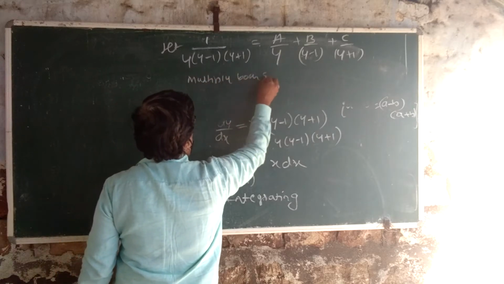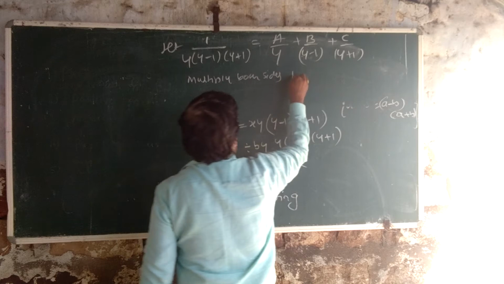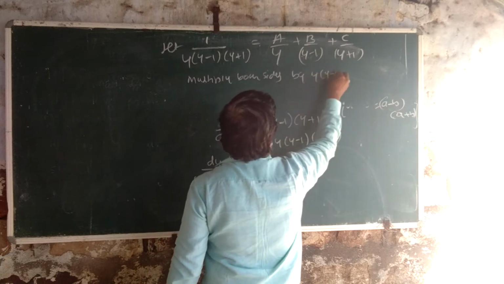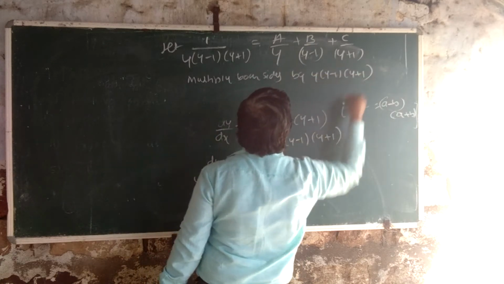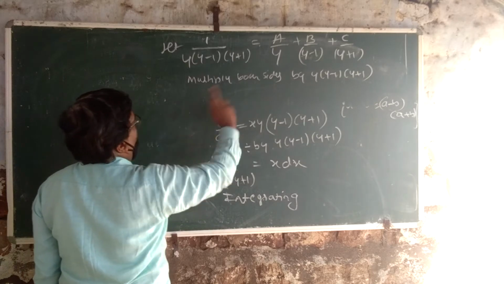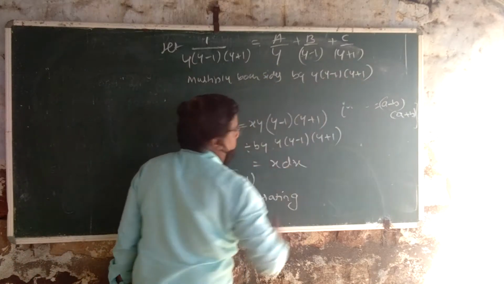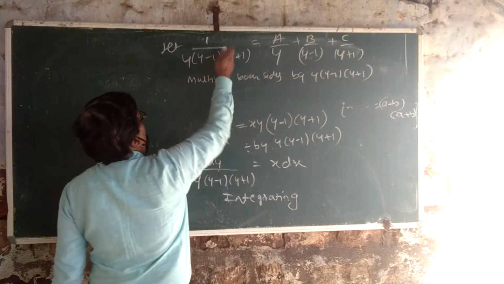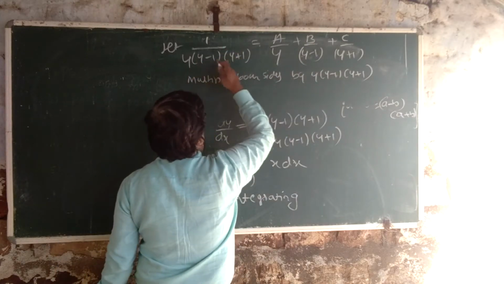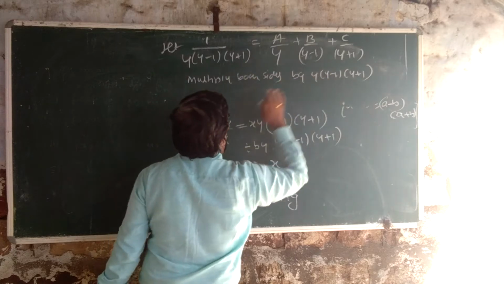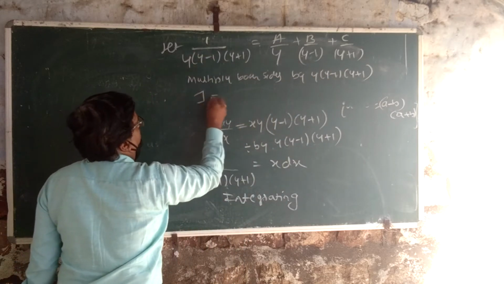Next we multiply both sides by y into y minus 1 into y plus 1. Then it gives what? On the left, only 1 remains.